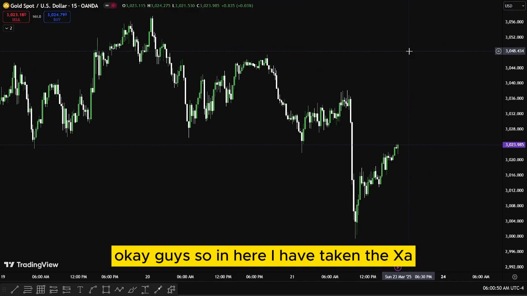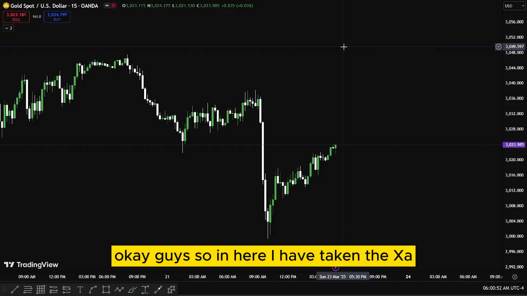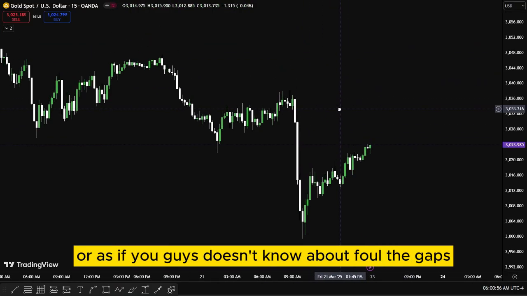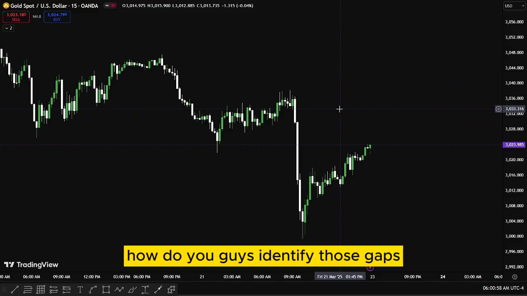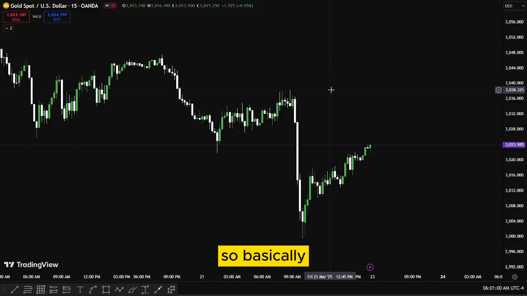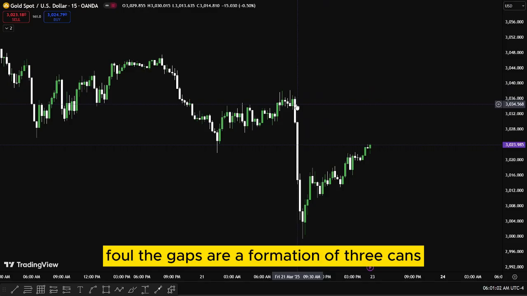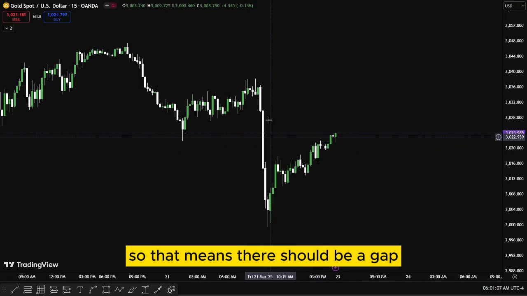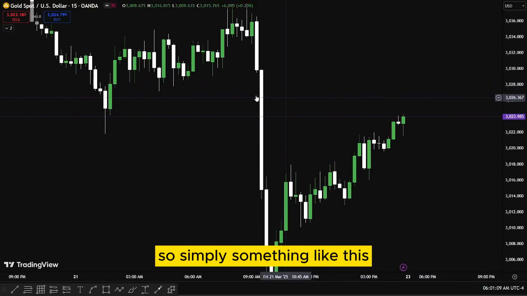Okay guys, in here I have taken the XAUSD chart, or the gold chart. If you don't know about fair value gaps, how do you identify those gaps? Basically, fair value gaps are a formation of three candles. That means there should be a gap, simply something like this.